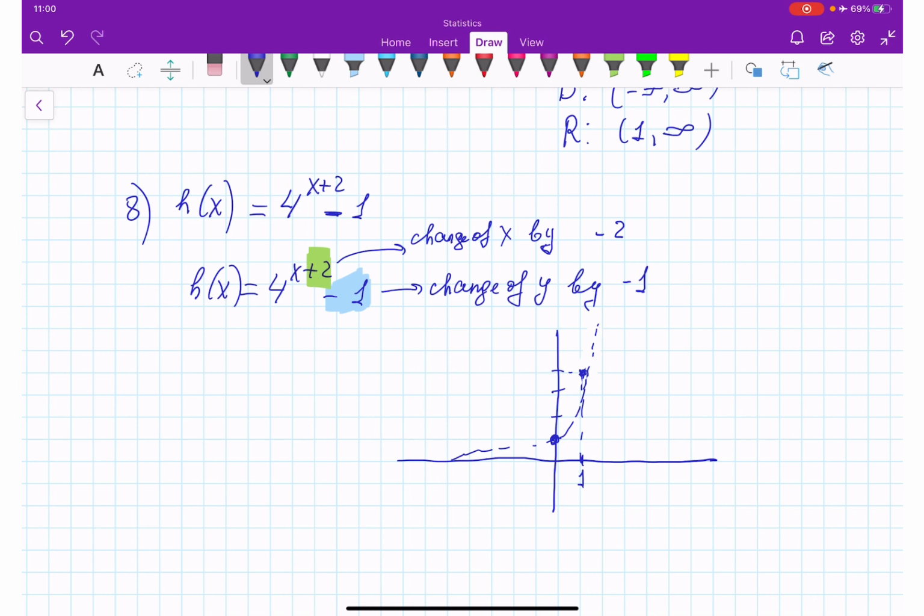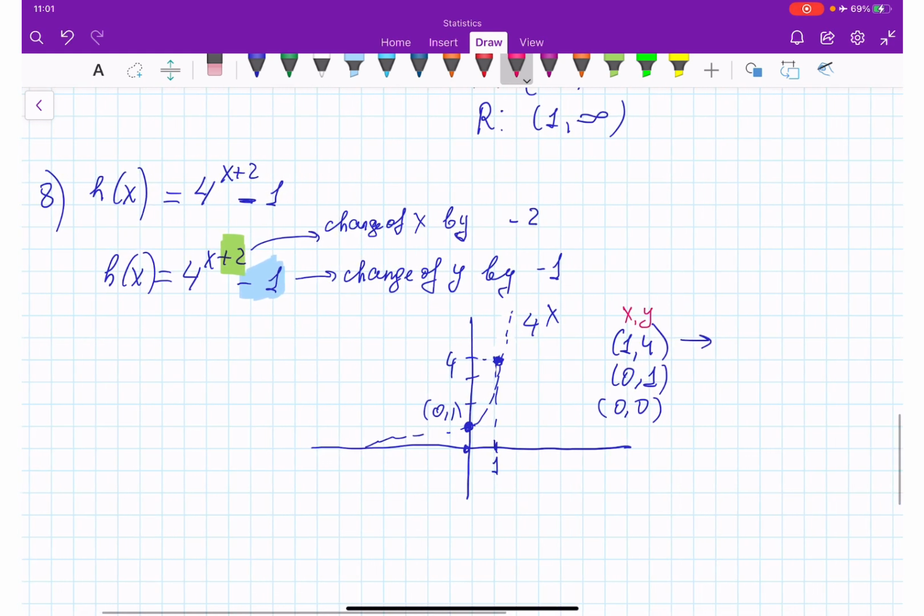Now, the points we have are 1 and 4, 0 and 1, and 0, 0. So for 1 and 4, this is my x, this is my y. X is going to change by -2, which means 1 minus 2, it's going to be -1. And y is changing by -1, so 4 minus 1, it's going to be 3.